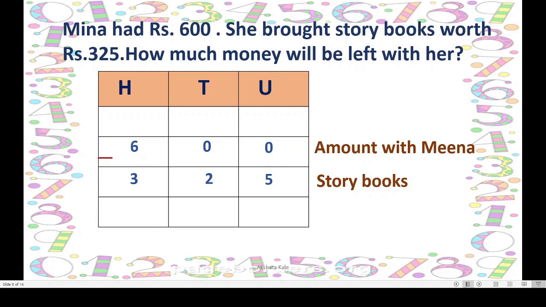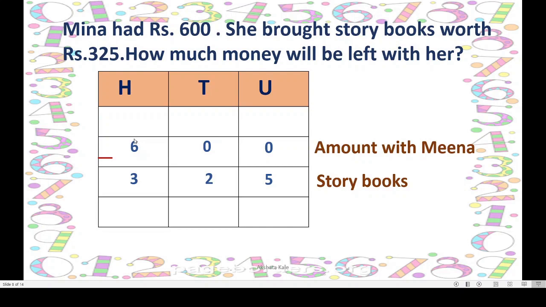Now we will begin our subtraction sum. In the unit place, 0 minus 5. Not possible, isn't it? So it borrows from tens place. But unfortunately, here 0 is there at tens place. So not possible to get the help, isn't it? So it moves towards hundreds place. That is 6 is there.